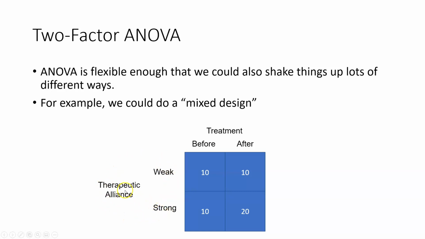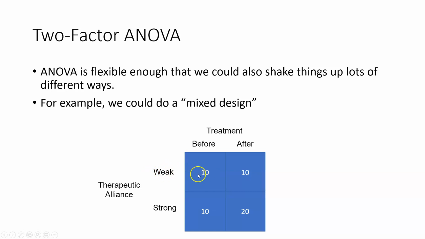So here you'd see that we're comparing those that have a strong or a weak therapeutic alliance and comparing them before and after treatment. In this situation, if you look at the means of these conditions, you can see that just like I demonstrated on the last slide, it seems like there's no effect of the therapy for those with a weak therapeutic alliance.